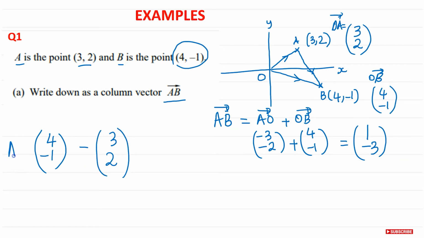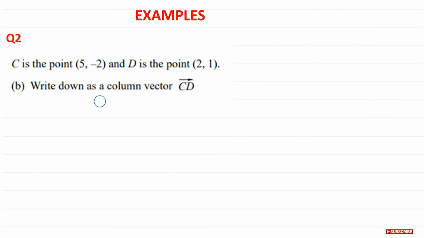So vector AB is going to be equal to (4, -1) take away (3, 2), which is going to give you 1, and -1 take away 2 is -3. So you see, you will get the same answer. So what you need to do is write that as a column vector, write that as a column vector, and do B take away A.